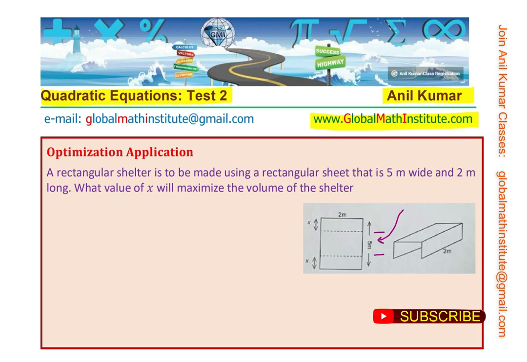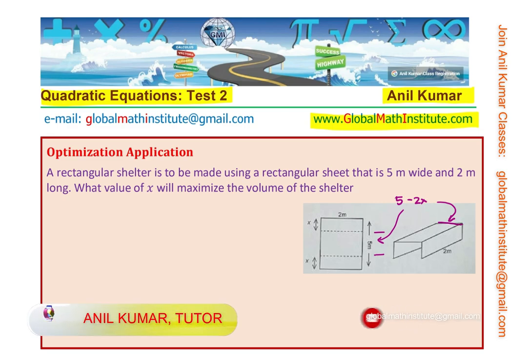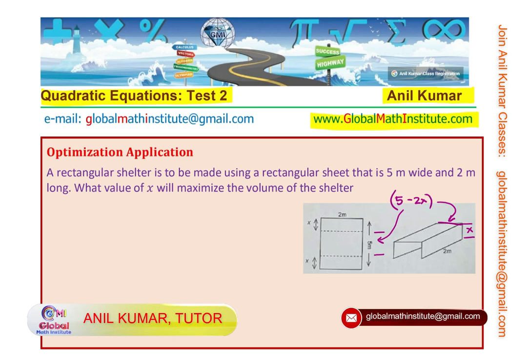So this dimension will be 5 minus 2x, which is the same as the width. And the height of the shelter, which is seen here, will be x. And therefore, the volume will be the product of 5 minus 2x times x times 2, correct?